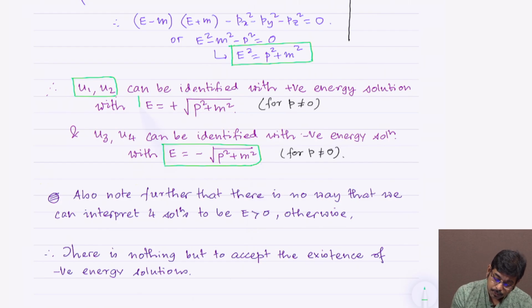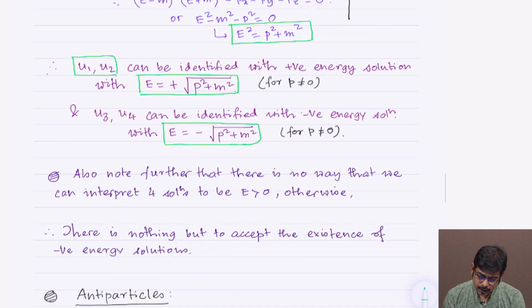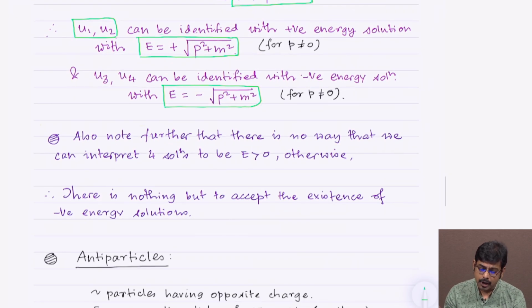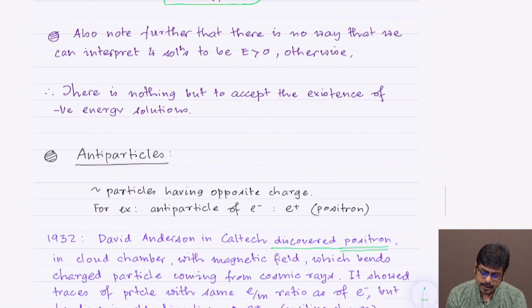So, therefore, what we interpret is that although the Dirac equation was primarily written in order to avoid the antiparticle or negative energy solutions, this is unavoidable, right. So, the 4 different solutions correspond to 2 E greater than 0 and 2 negative energy solutions, and these negative energy solutions refer to what we call the antiparticles.